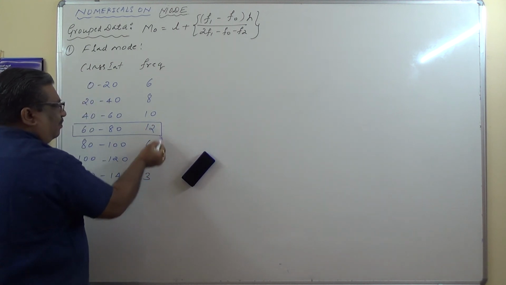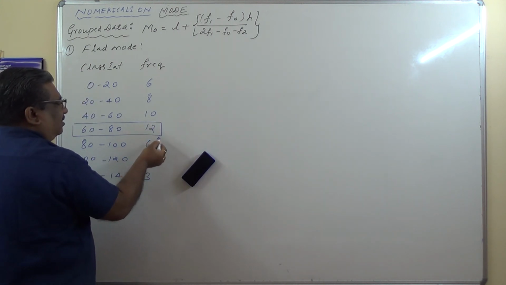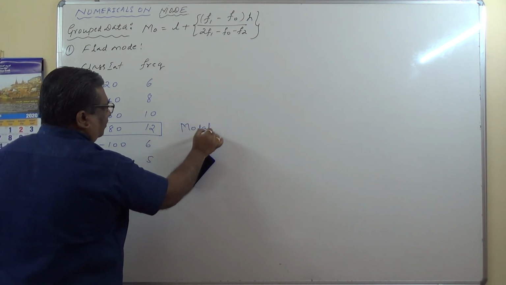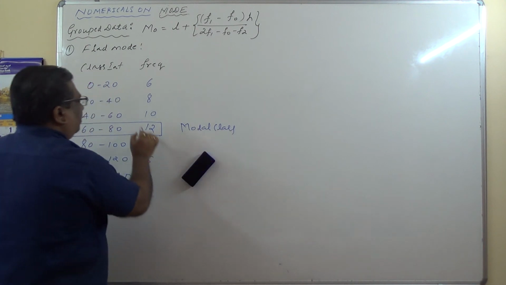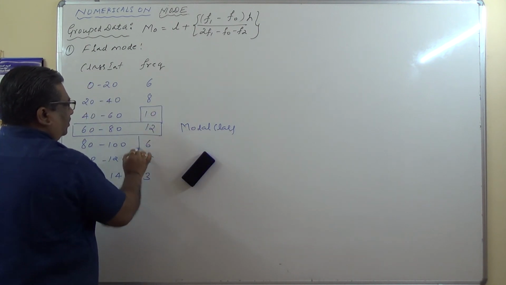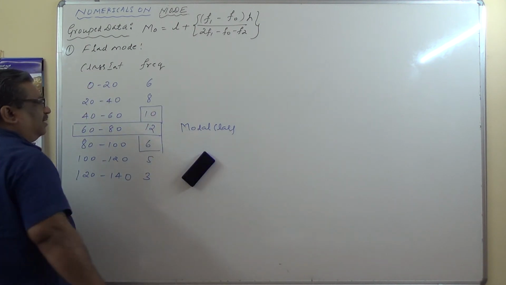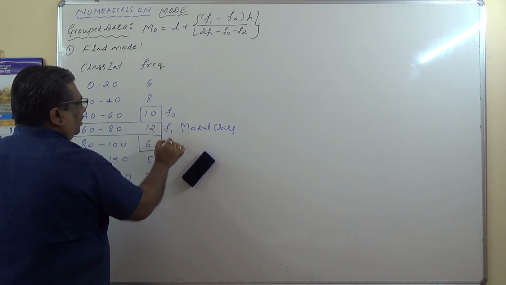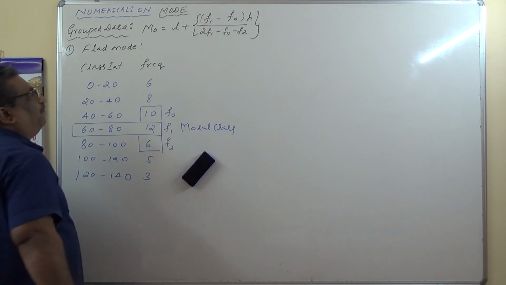I will leave some gap over here in order to write the frequencies. So here I will write this is the modal class. Mark this one and also this one immediately after marking the modal class. This is F0 and this is F1 and this is F2.